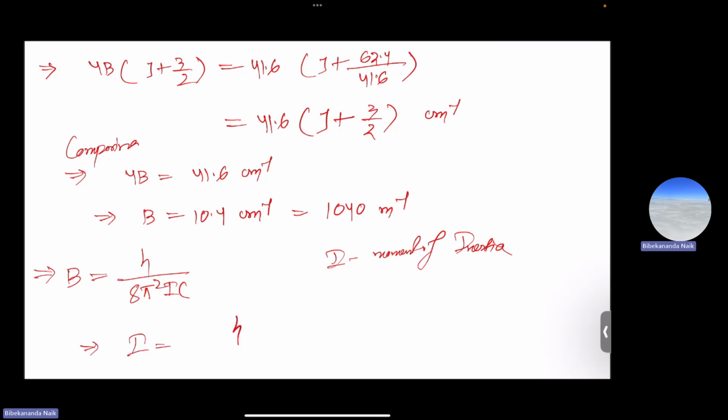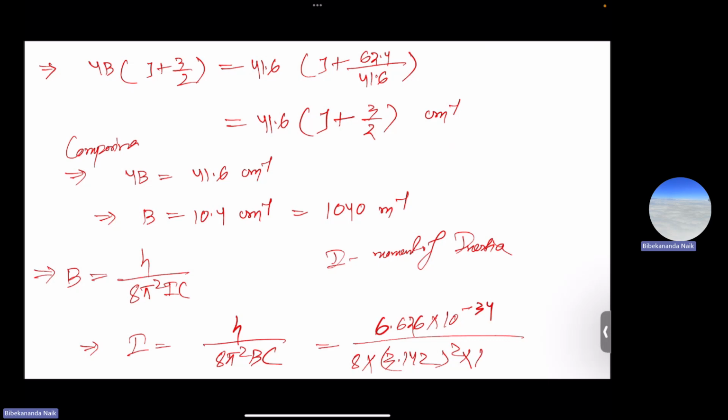So what will be the value of I? The value of I will be h divided by 8 pi square BC. So if you put the values, h is 6.626 into 10 to the power minus 34, divided by 8 into 3.142 square, B is 1040, and C is 3 into 10 to the power 8.